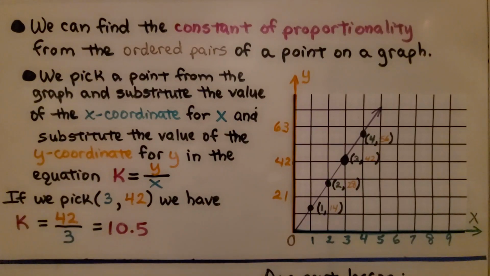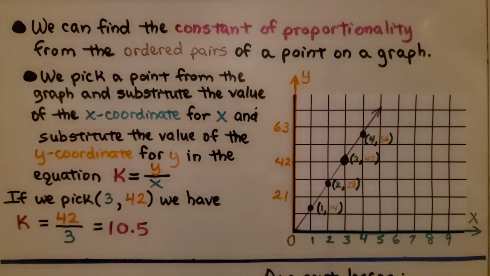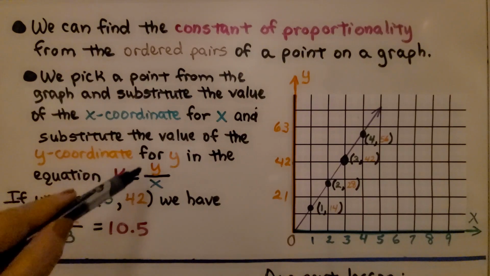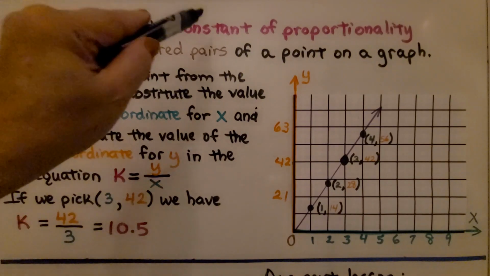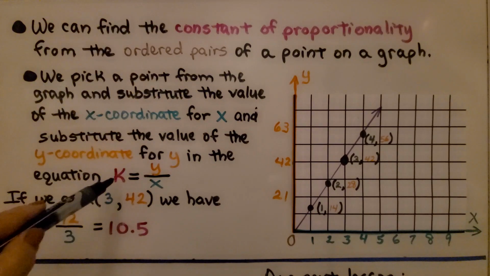We can find the constant of proportionality from the ordered pairs of a point on a graph. We pick a point from the graph and substitute the value of the x-coordinate for x and substitute the value of the y-coordinate for y in the equation k is equal to y divided by x. That way we are solving for k, the constant of proportionality.